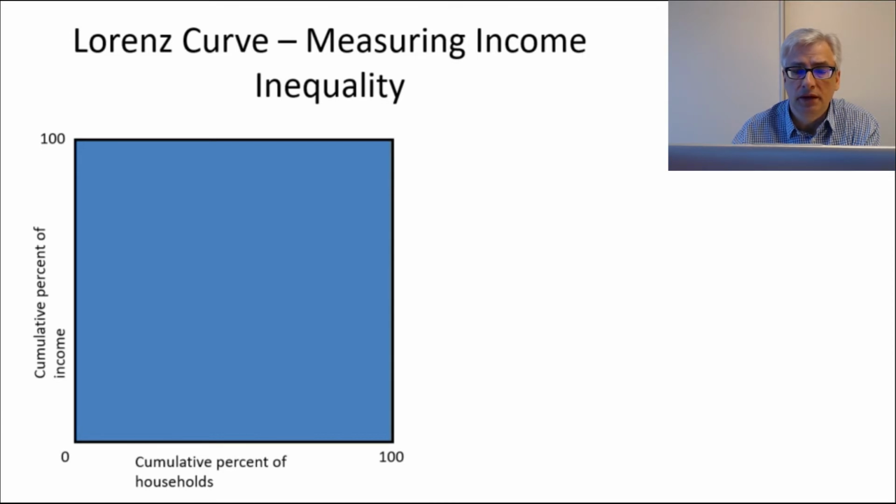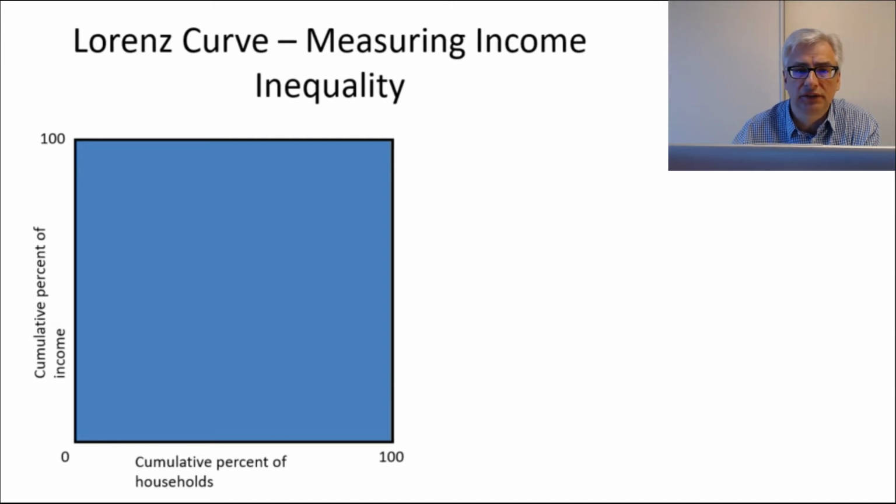Now, imagine that income is distributed in the society in a perfectly equal way. Each household gets the same income. Then, if you take 1% of households, they would represent 1% of the total income. If you take 5% of households, they would together represent 5% of the total income.